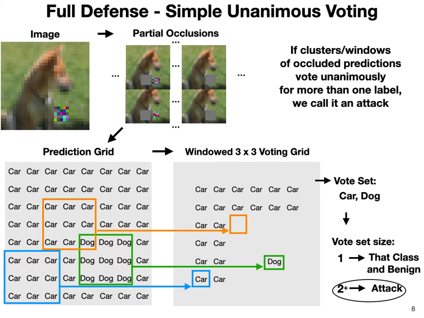The pattern we see in this vote grid is what we expect from an attack. A window voting for what is likely the original correct prediction, dog, and most of the rest of the windows voting for the attacker's target label, car. But all our defense knows is that the vote set has size 2, so it labels this as an attack.